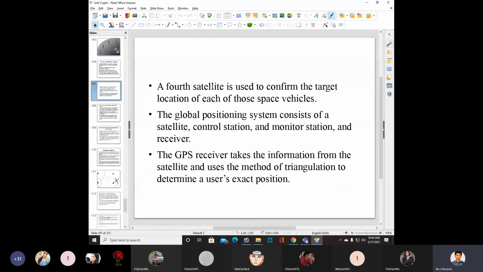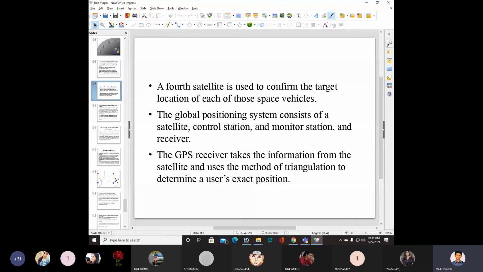Then the fourth satellite is used to confirm the target location of each of those space vehicles. In this, the global positioning system consists of a satellite, control station, monitor station and a receiver. And the GPS receiver is what we have on the Earth.